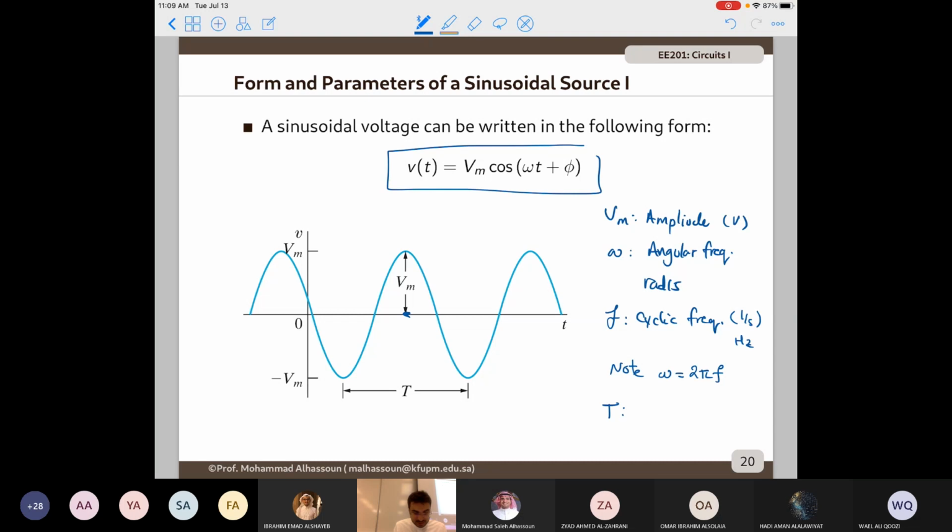Related to it, not specifically written here but illustrated here, T is the period. The period is a time measurement.